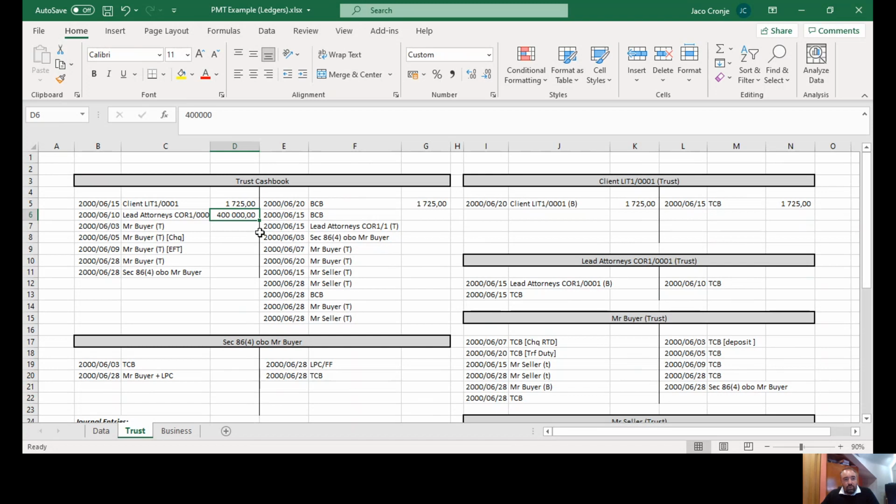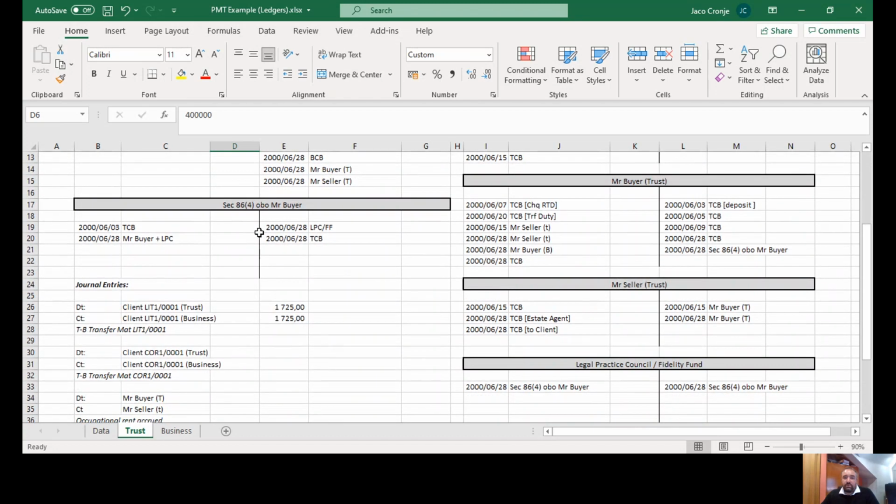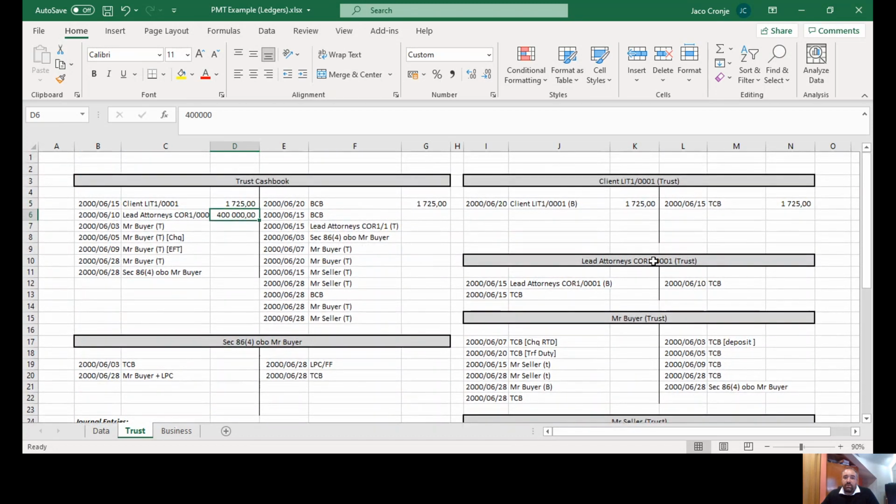Now, what will I credit? Very simple. I will open up a trust ledger account for lead attorneys. Remember, not Tsotsi, not whoever leads client is lead attorneys, because they are the guys I'm dealing with. And I will allocate this credit to ATM. So very simple. Money comes into the bank, debit my cash book, and I credit my client's trust ledger to show that I'm holding these monies on their behalf.